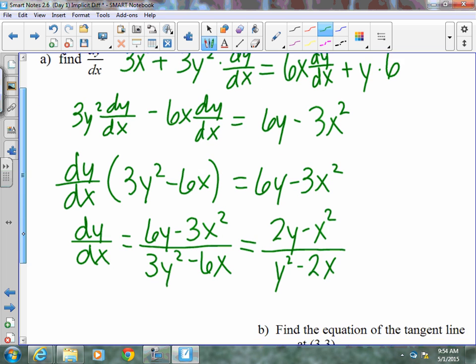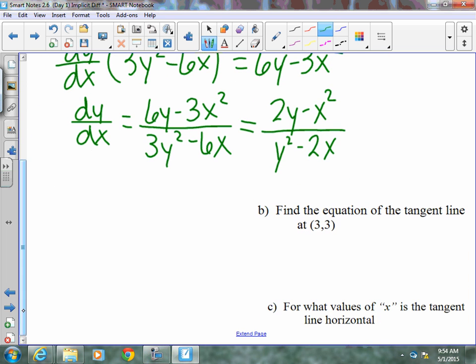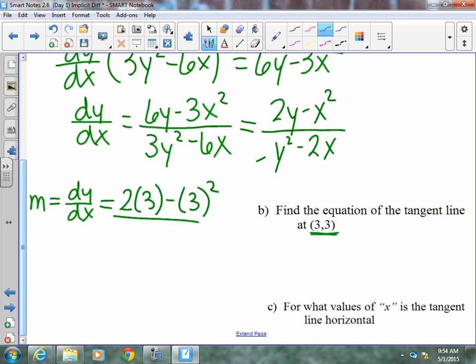Now, for part B, it says find the equation of the tangent line at (3, 3). We need slope. Slope equals the derivative with the point plugged in. Now, in the past, we've only had to plug in an x because our derivative only had an x in it. Now that our derivative has an x and a y, we're going to need both. So, y is 3, x is 3. This is all coming from this derivative.